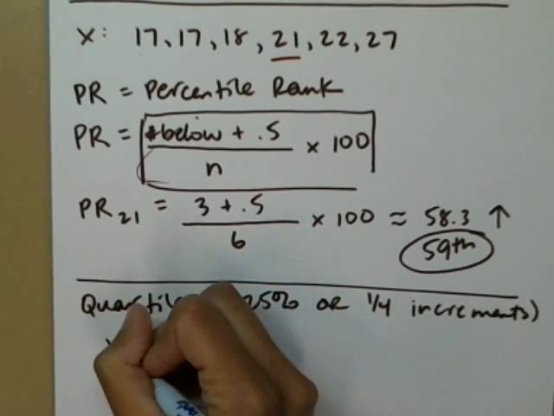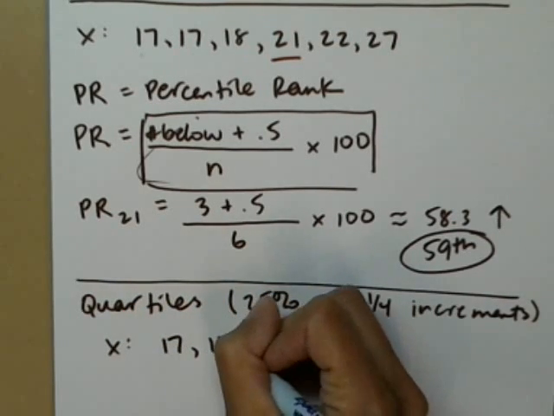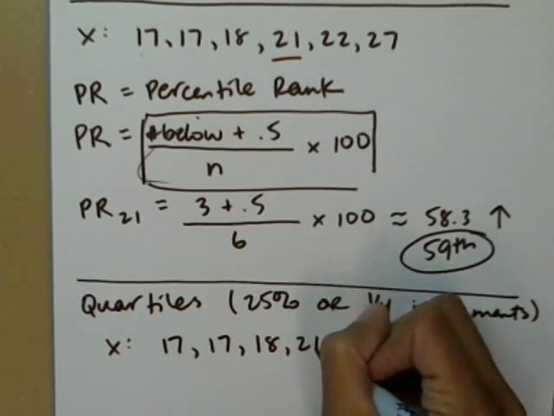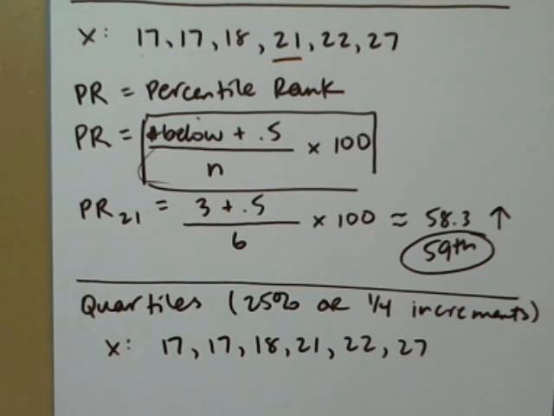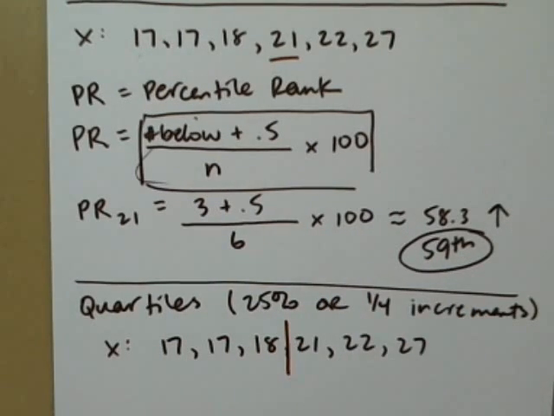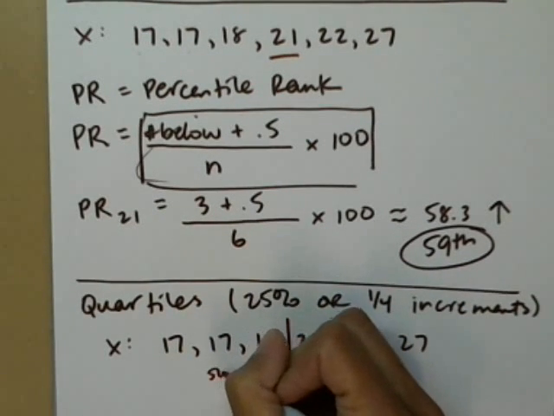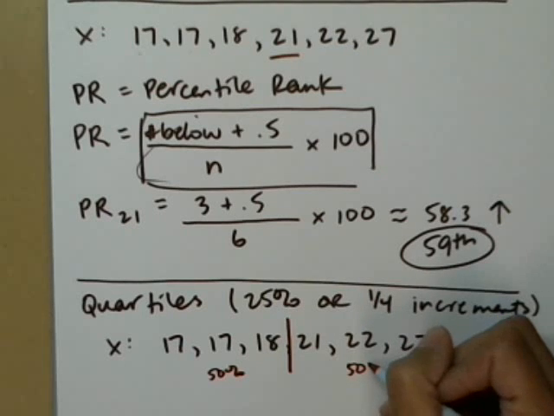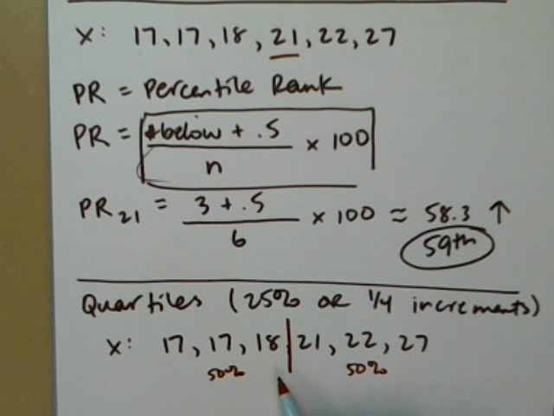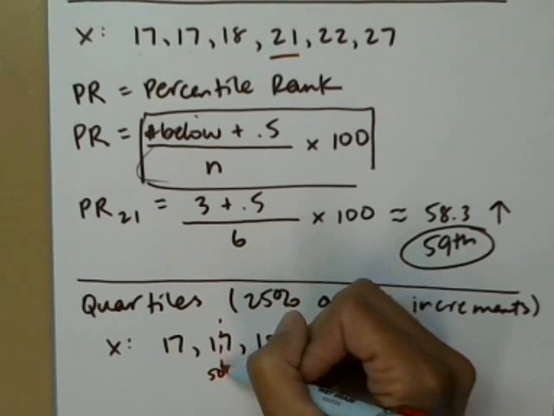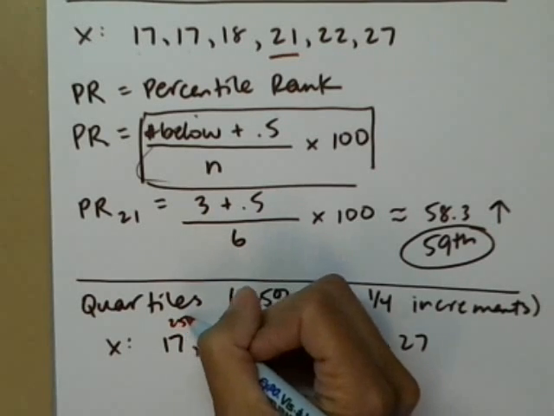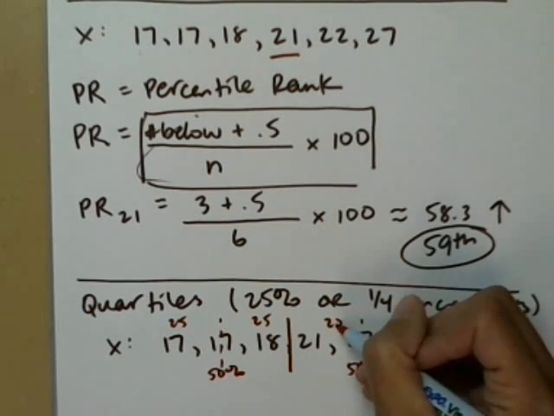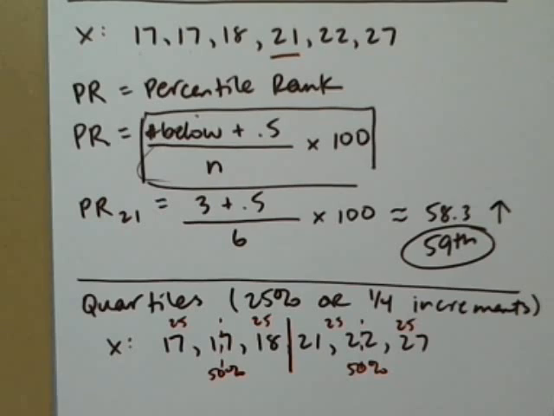So I'm going to take that same data, 17, 17, 18, 21, 22, and 27, and I can cut it into 50% increments. So now I've got 50%, so cut it in half. This is going to be quartile 2. And then when I cut it into 25% increments, this gives me 25, 25, 25, and 25.